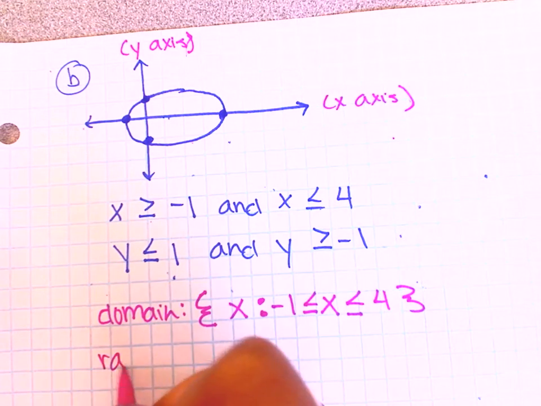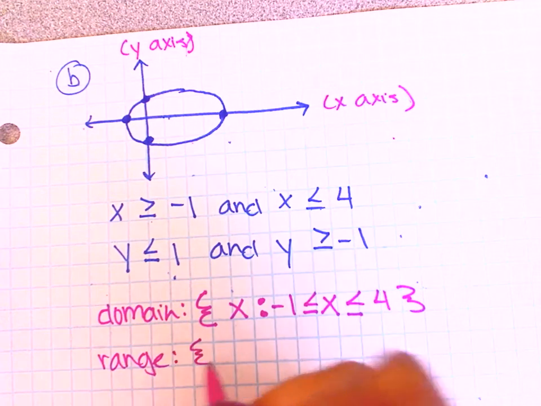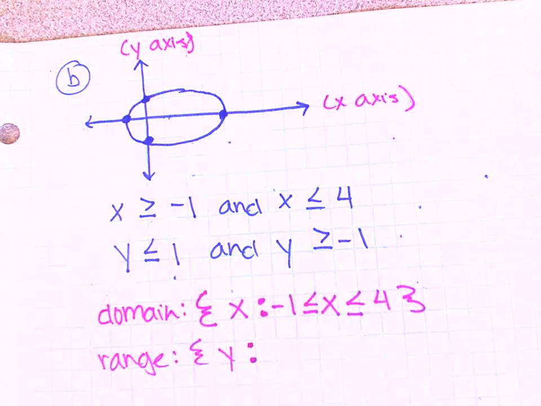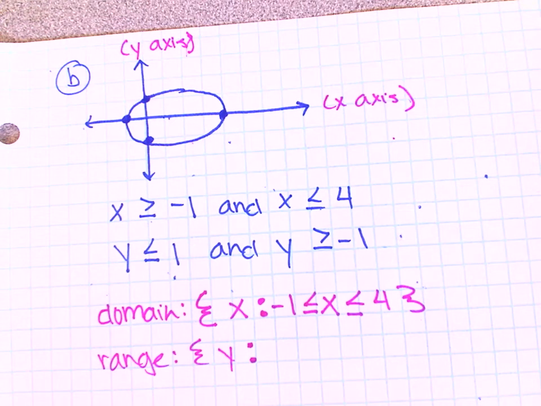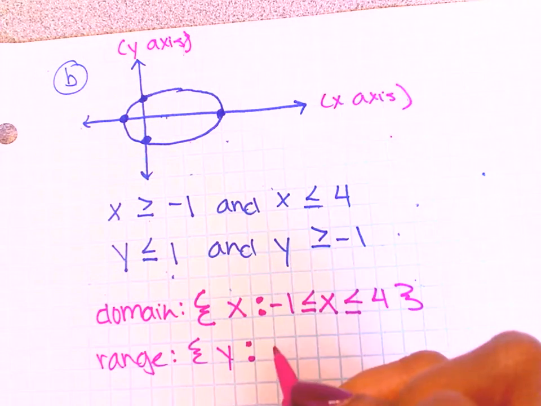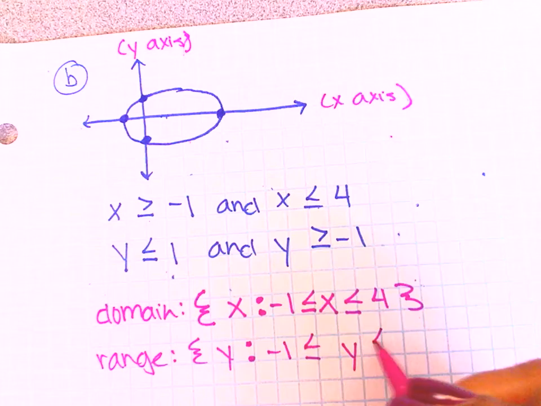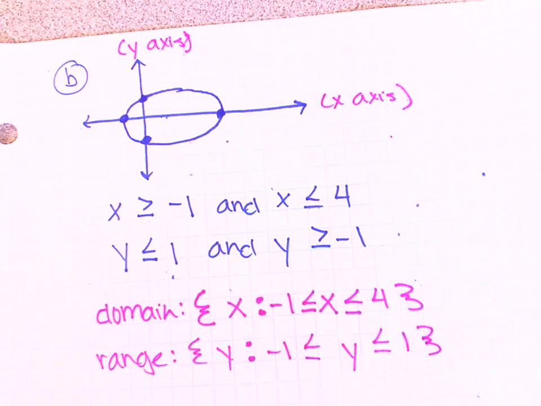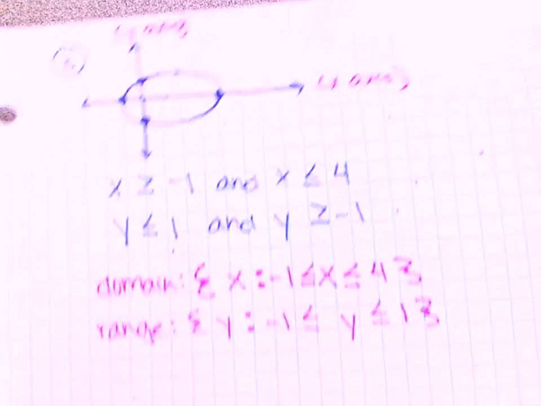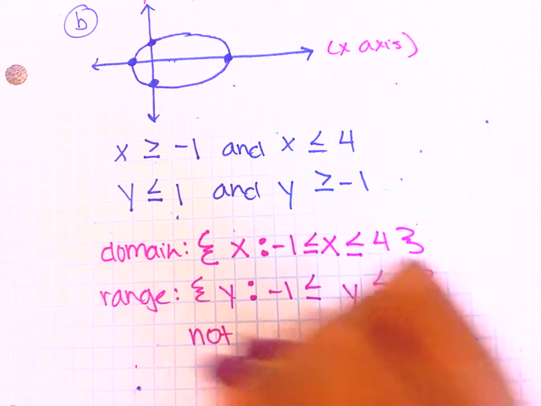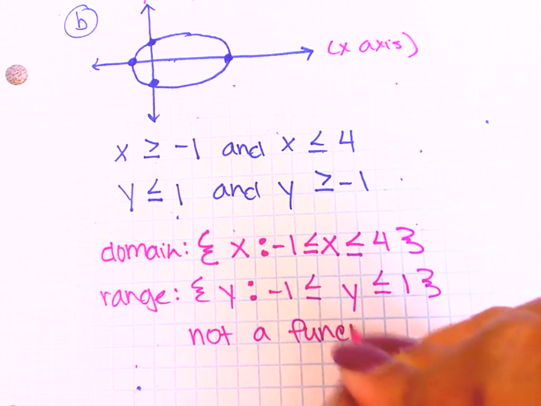And my range, which includes y, is going to be written like an and problem, like our last math test. Negative 1 is less than or equal to y, which is less than or equal to 1. And you guys already told me, passed through 2 points, so it's not a function.